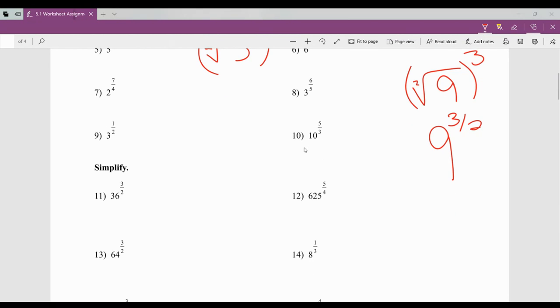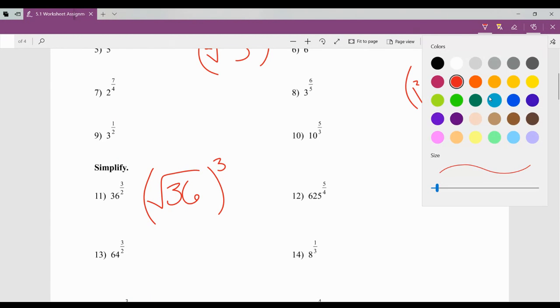So just to refresh your memory, if we're simplifying power over root for number 11, it would be 36. The power is 3, and the root is a 2, but I technically don't need the 2 there, so I'm going to get rid of that. So I can answer that and say, I know the square root of 36.